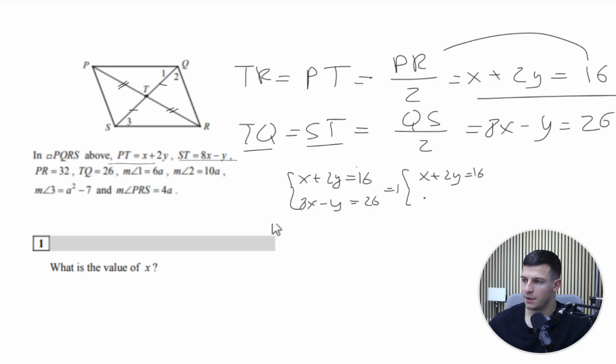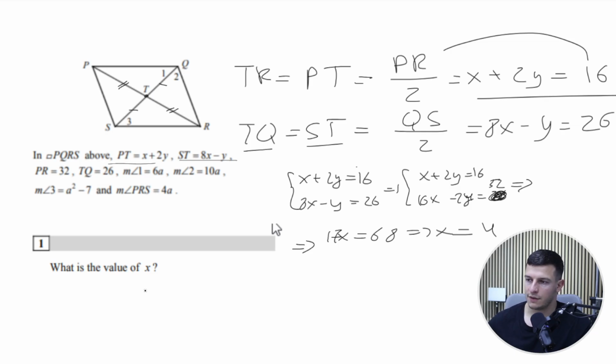I'm going to multiply the second equation by 2: 16x minus 2y equals 52. This is a y, by the way. All right, and if I add these 2 equations, I will get 17x equal to 68, and then x is going to be equal to 4.